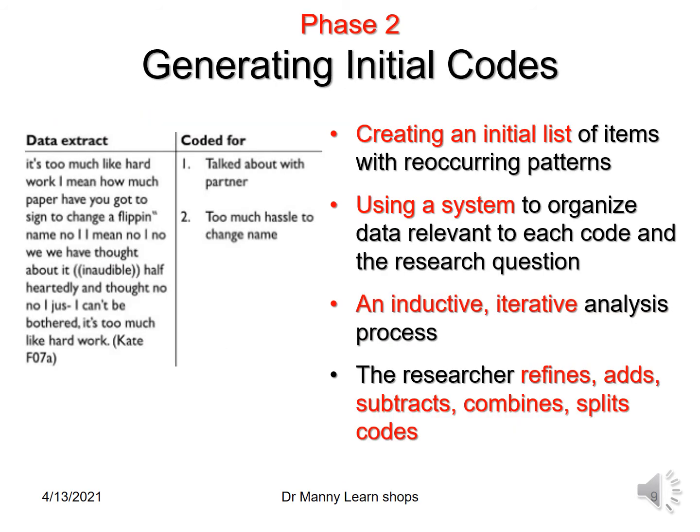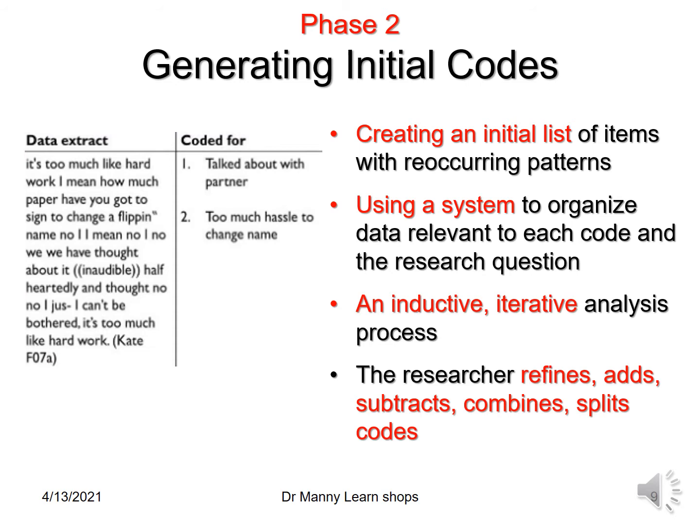Then you've got generating the initial codes. And this is where you create an initial list of items with reoccurring patterns. This is systematic. You use a system to organise data relevant to each code and the research question. It always relates to the research question.